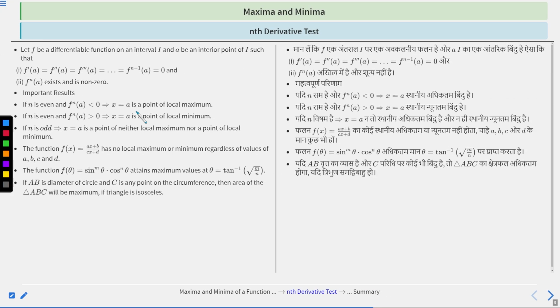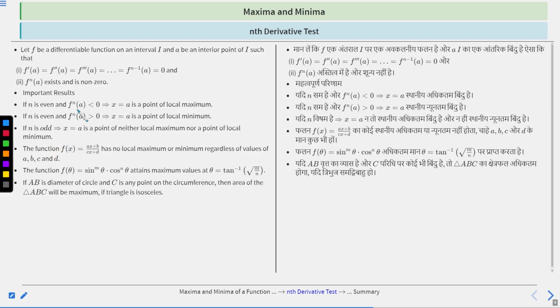Next one is another derivative test. Let f be a differentiable function on an interval I, and a be an interior point of I, such that f'(a) is equal to f''(a) is equal to f'''(a) till f^(n-1)(a) is equal to 0, and f^(n)(a) exists and is non-zero.